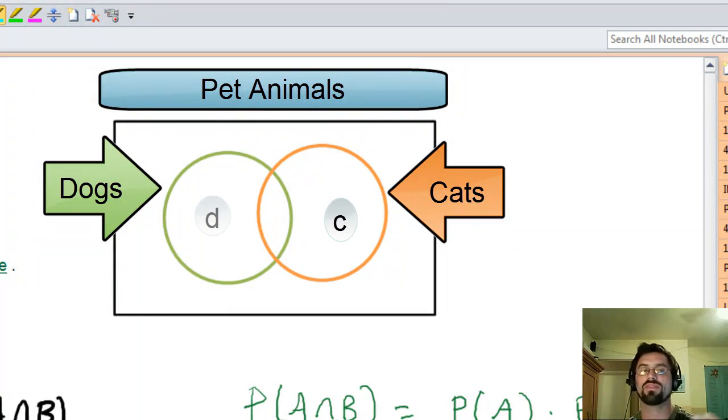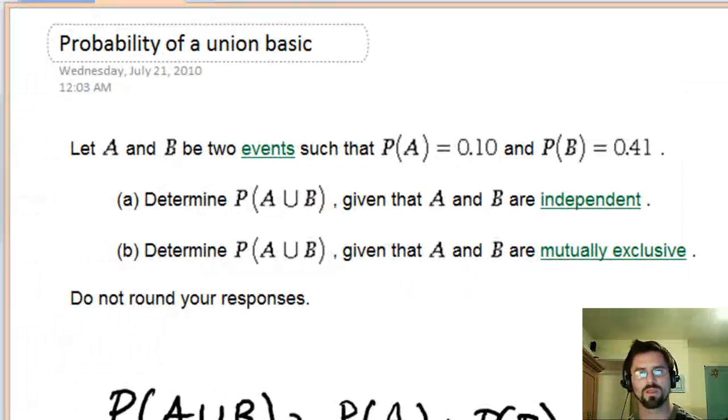There's a probability that they have a dog. But there's no overlap. There's no probability that they have an animal that is a cat and a dog at the same time. They might have cats and dogs, but that's a separate issue. So being a cat and a dog at the same time is impossible, right? So that's an example of mutually exclusive.